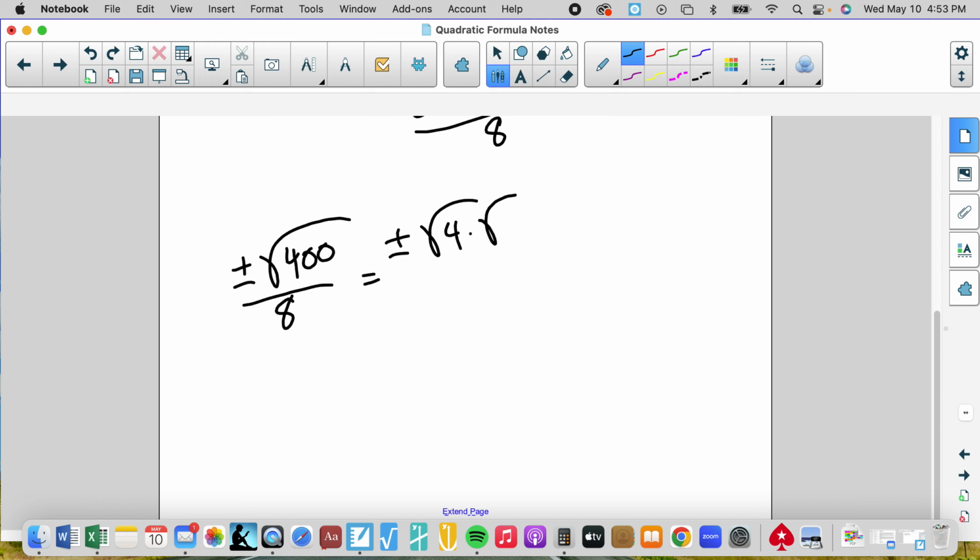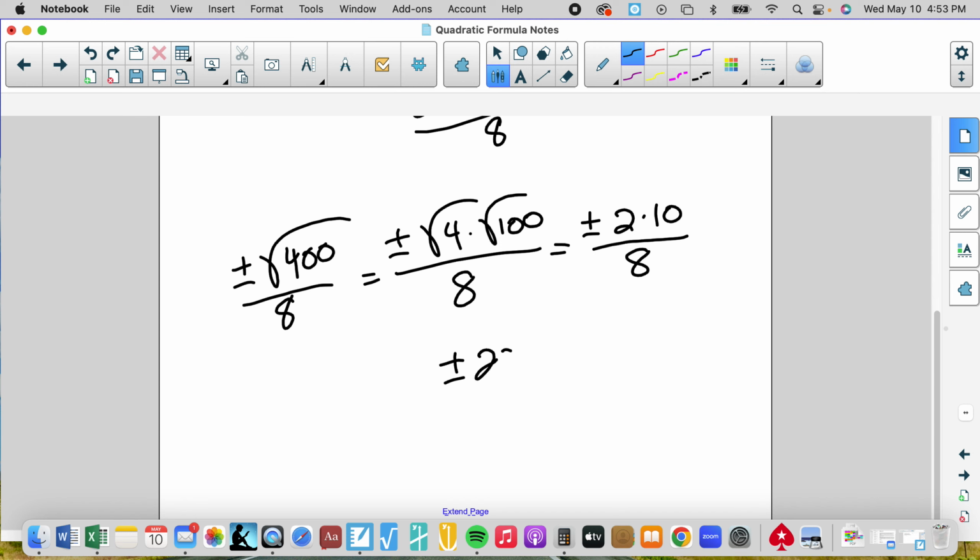I'm going to make this rad 4 rad 100 over 8. Rad 4, square root of 4 is 2. Square root of 100 is 10 over 8. And we get plus or minus 20 over 8. And we can reduce that to 10 over 4. And we can reduce that to 5 over 2.